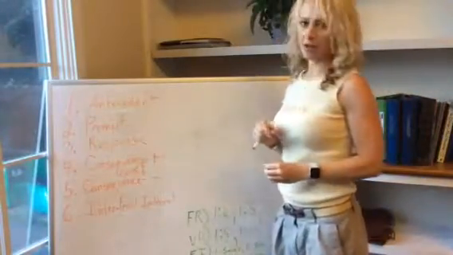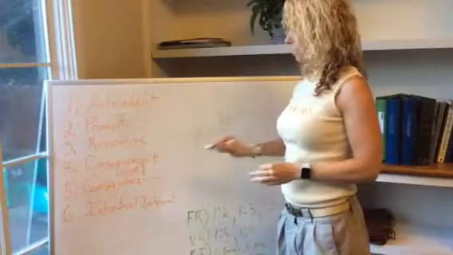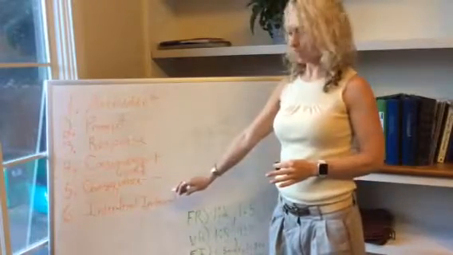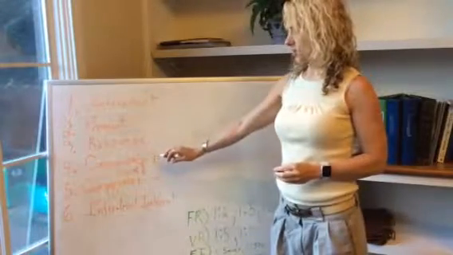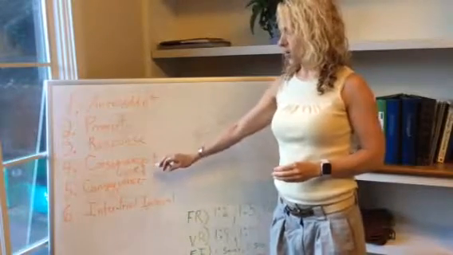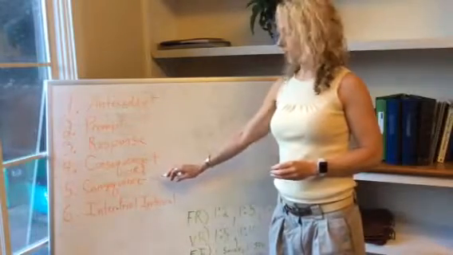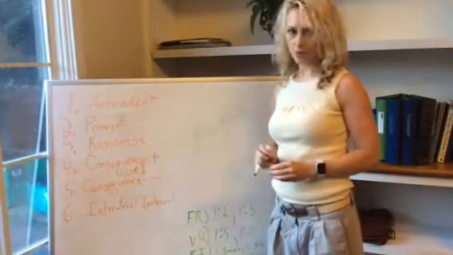So the first SAFMED that I want you to write is going to include all of these points: antecedent, prompt, response, consequence, positive consequence or consequence, negative consequence, and then intertrial interval, okay?